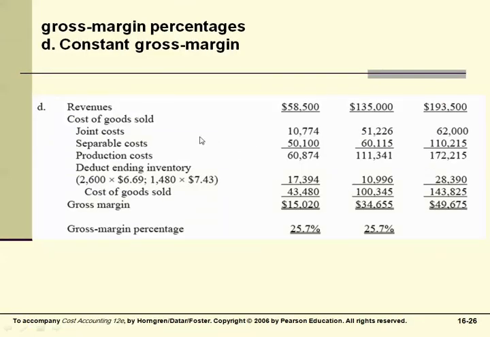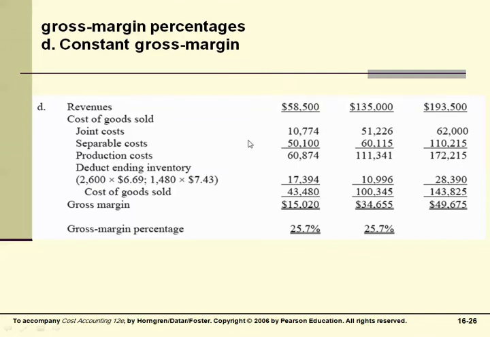Gross margin percentage, revenues as calculated: 58,500 and 135,000. Costs of goods sold: first, joint costs 10,774 plus separable cost 50,100, which will result in production cost 60,874, deducting from it ending inventory with the amount of 17,394, which will result in cost of goods sold 43,480.